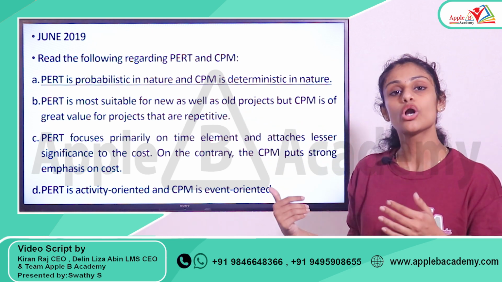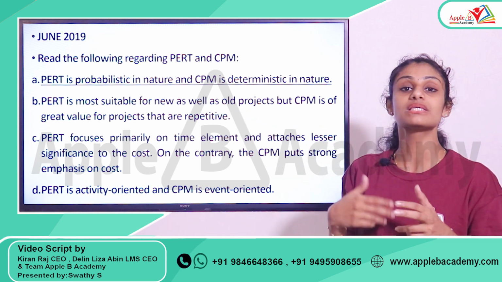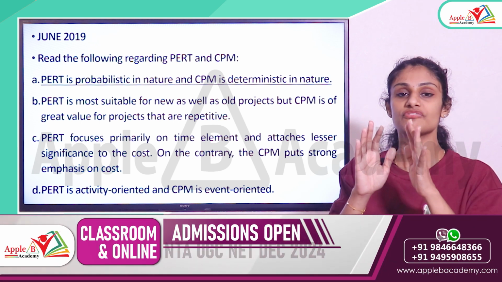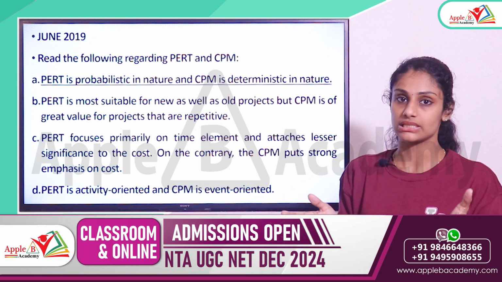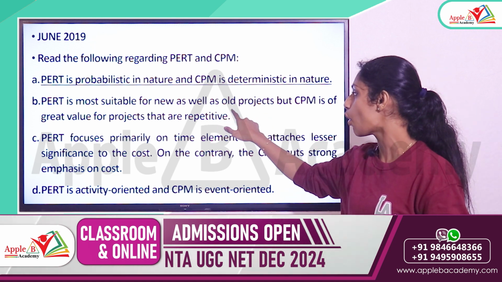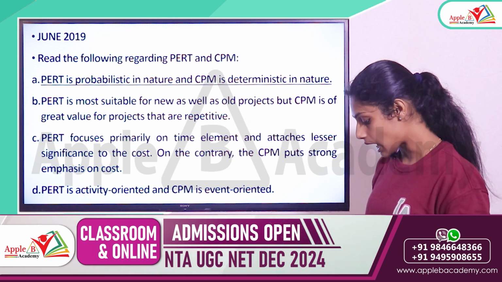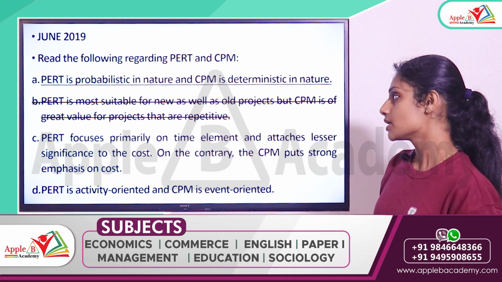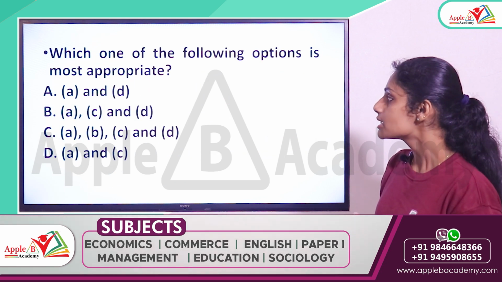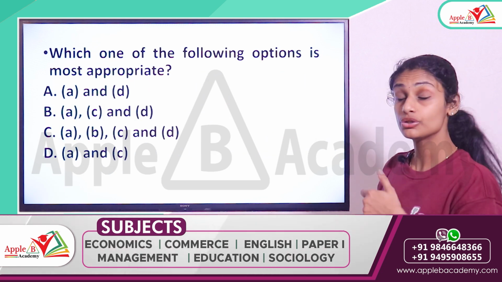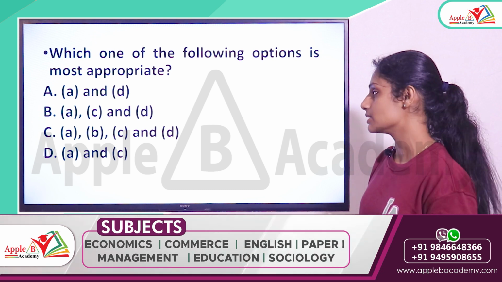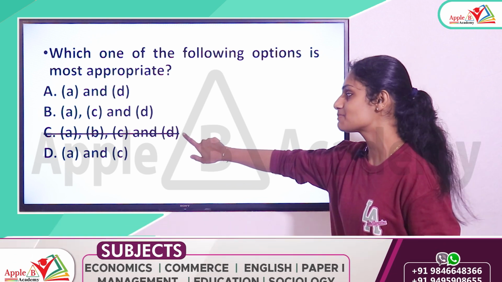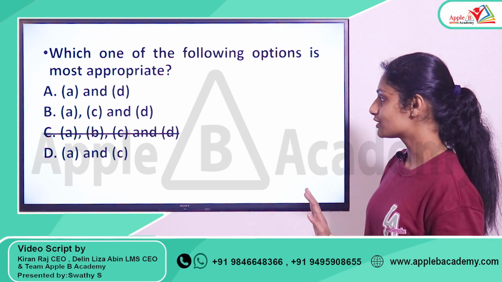If you have a reference with old projects, then it will be easy for you to have an estimation or determine the various activities, and so PERT is not actually used for all projects. So in that sense, you can't go for option B. That's a mistake which is given in option B. So again, we can go through the options. You can eliminate an option with B. So which option can you eliminate at this stage? You can eliminate option C because B is present there. Okay. Now you got three options, right?